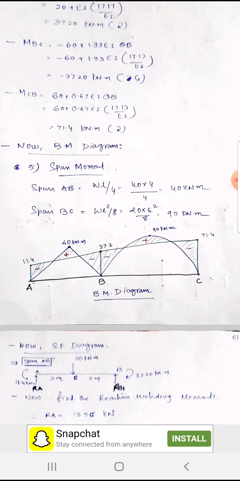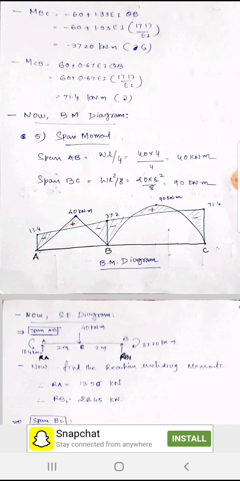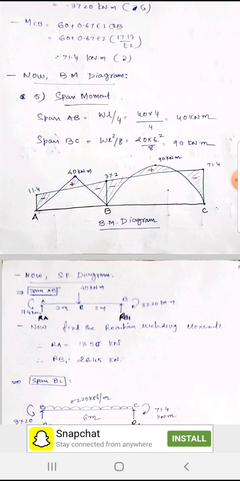Now these support moments are joined by inclined lines, and the span moment we know. For the simply supported span with point load, it is indicated by lines, and for the UDL it is a parabolic curve. So our bending moment diagram is ready.